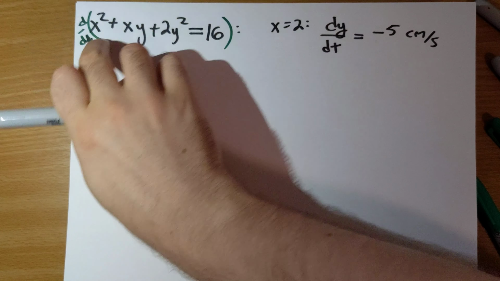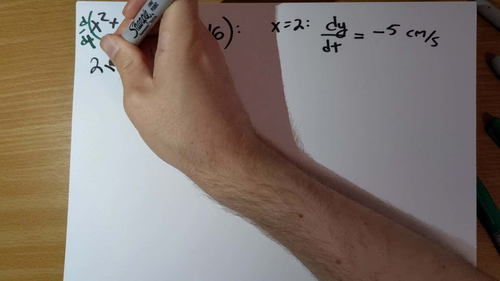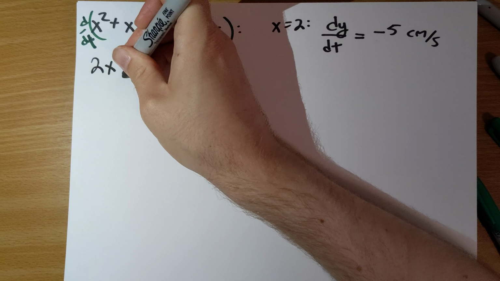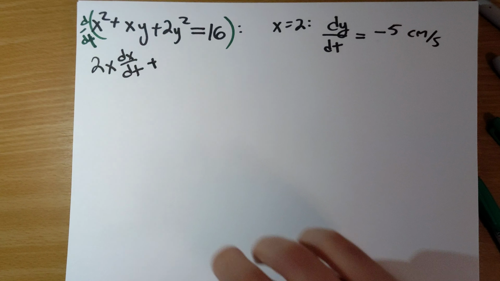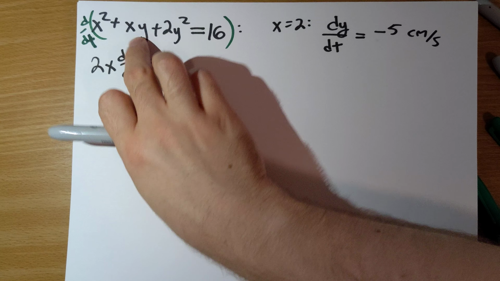So let's see here. The derivative with respect to t of x squared is 2x times dx/dt, plus the derivative of xy with respect to t. We're going to use the product rule.